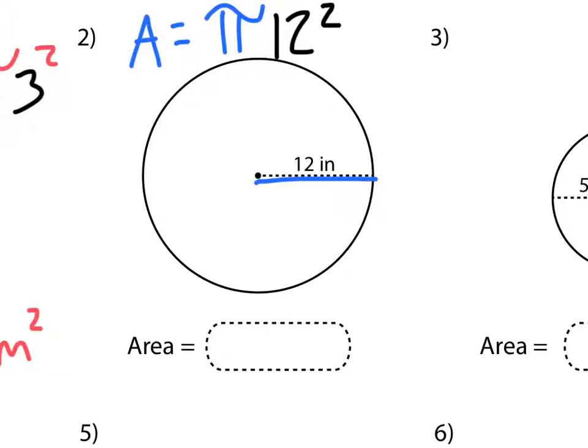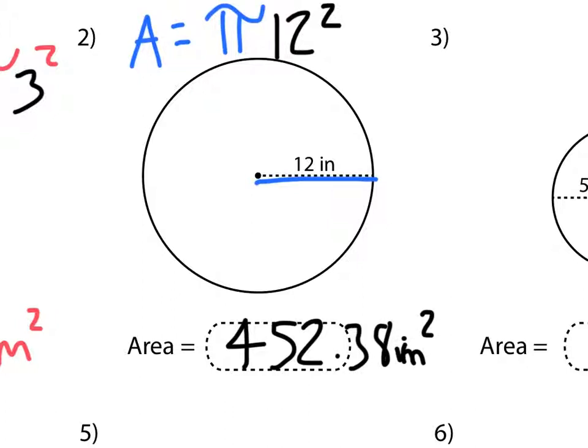So now we're going to put this in our calculator, and I'm going to do pi 12 squared, and the answer that we're going to get is 452.38 inches squared.